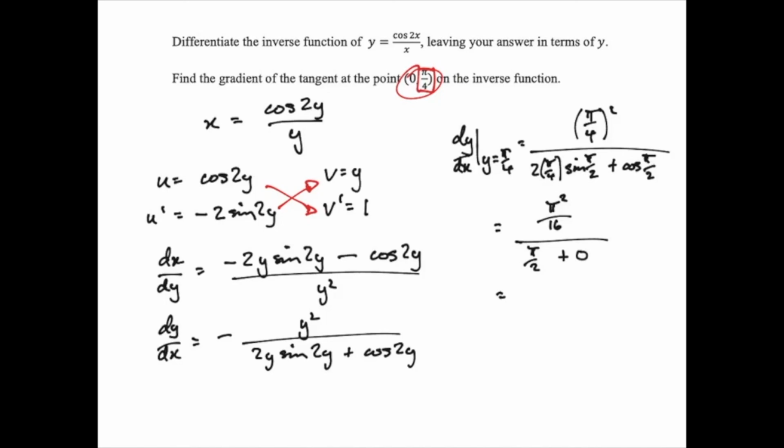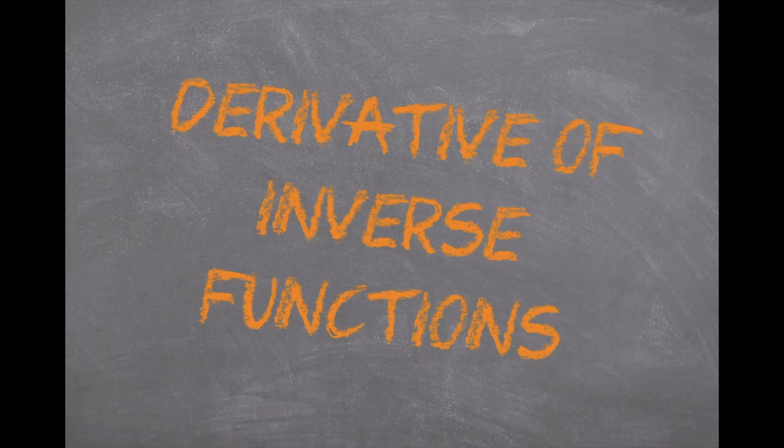So I end up with pi squared on 16 divided by pi on 2, which gives, oh, I forgot the negative here, didn't I? Sorry, negative, negative. So it is negative, and the pi's cancel, and 2 goes into 16 8 times, so it's negative pi on 8. And that is our final example.